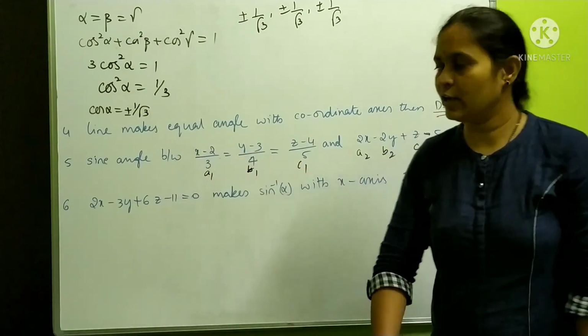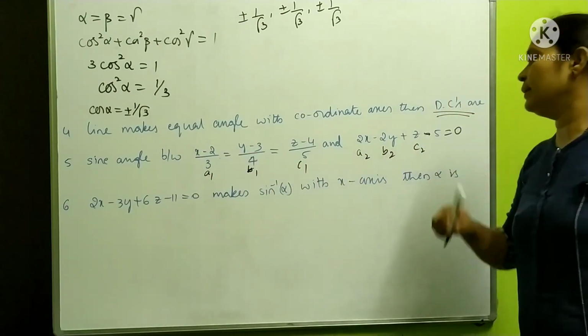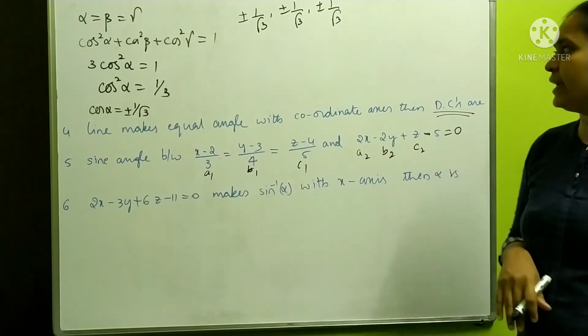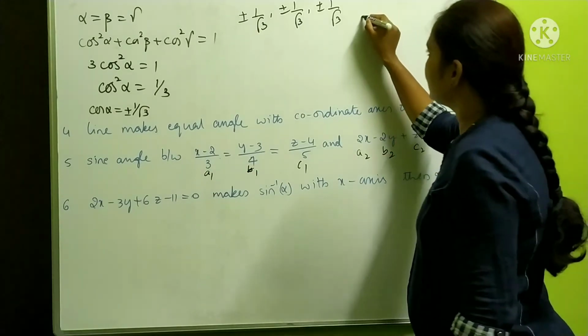They are asking sine of the angle. Of course, between line and plane, we can find the sine of the angle only. What is the formula for that?